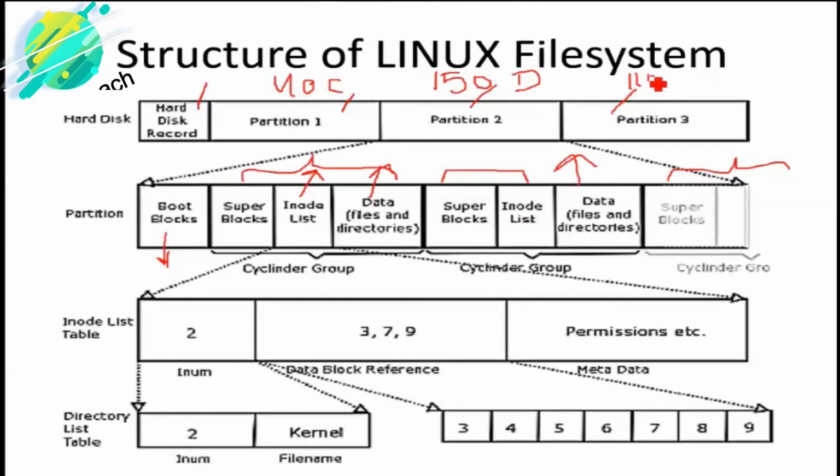This record of what space you have allocated to which partition, and how many partitions there are, is stored in your hard disk record. Every partition comprises of this detail.